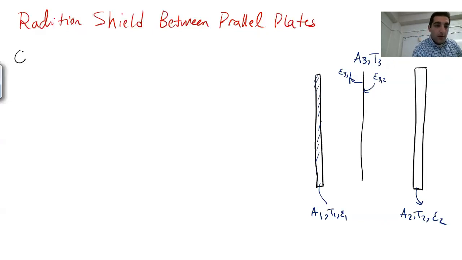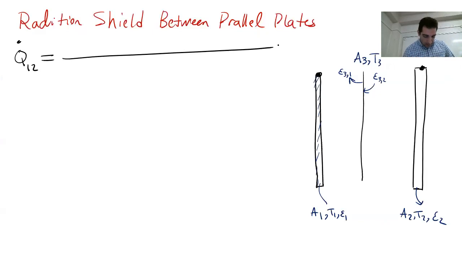So Q dot 1 to 2, or the net rate of exchange between surface 1 and surface 2, when we have a shield in between, is equal to the net rate of emissive powers, which is sigma times T1 in Kelvin to the power of 4 minus T2 in Kelvin to the power of 4, divided by the total resistances in between, that is equal to 6.